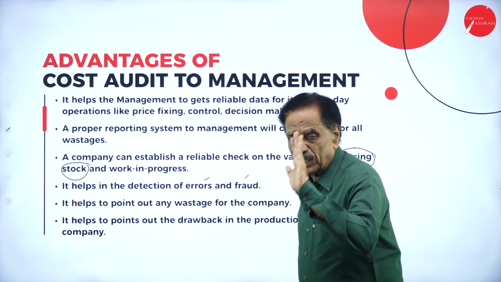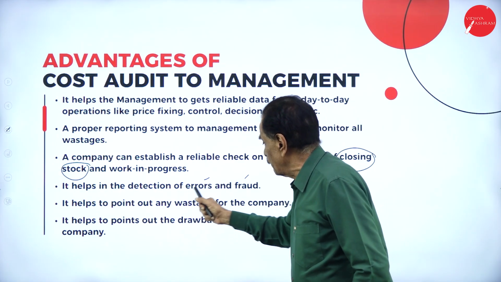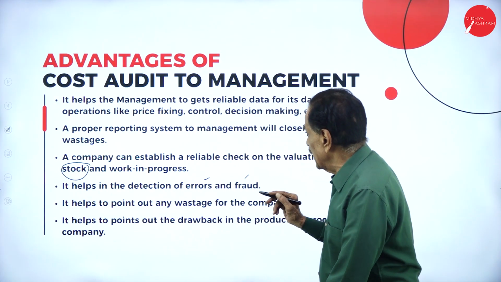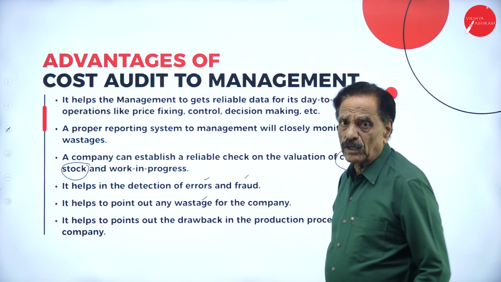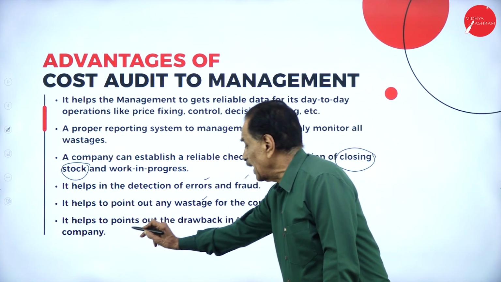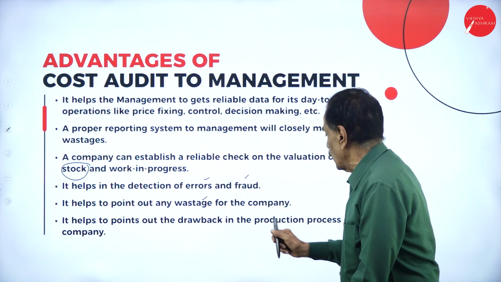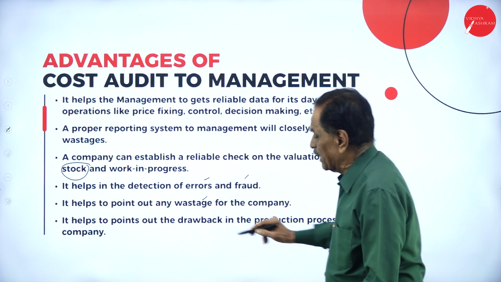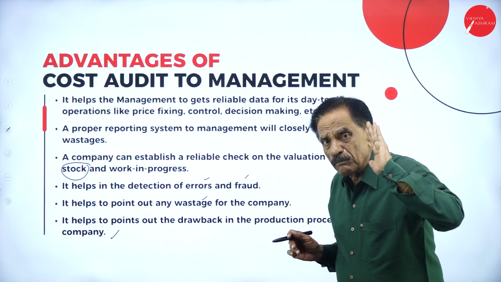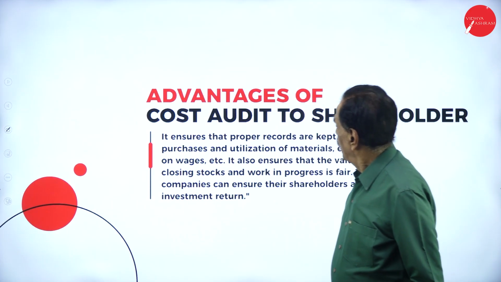So cost accounting helps you in detection of errors and fraud. It helps to point out any wastage for the company. You find out these are the wastage that should not be utilized. It helps to point out the drawbacks in the production process of a company. What are the drawbacks of the production? That will be shown by the costing system.